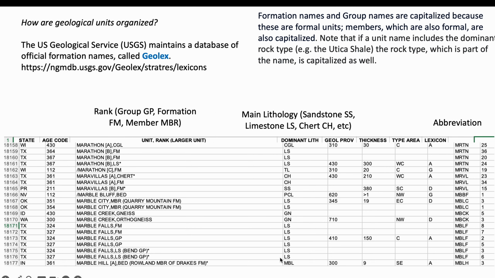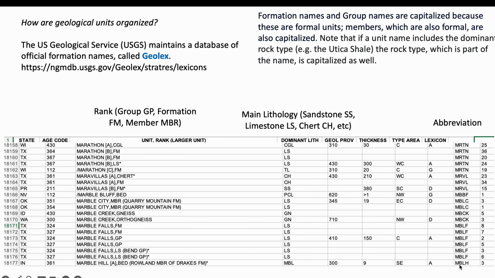The dominant lithology is the type of rock that is most associated with that. So Marble Falls, it does tend to be this really thick, nice limestone, and a metamorphic version of limestone is called marble. This is mostly just limestone as far as I can tell. I think people were using an imprecise version of that term when they named it, but it's named after the town, and the town's named after what presumably non-geologists thought of the rock there, which was pretty cool and still is.